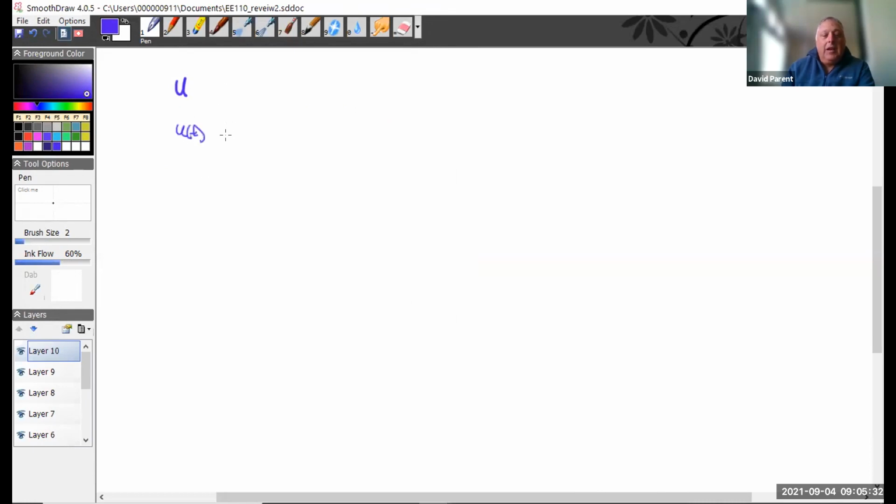So we have u(t) on the time axis, and it goes to 1 exactly at 0. I can make it bigger, I can delay that step, and I can advance that step.